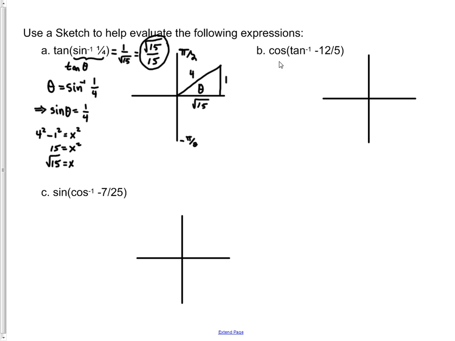It says, find the cosine of the inverse tangent of negative 12/5. So again, we think about our angles. There must be some angle theta whose tangent will be negative 12/5. So again, we think about where we can put this angle theta.